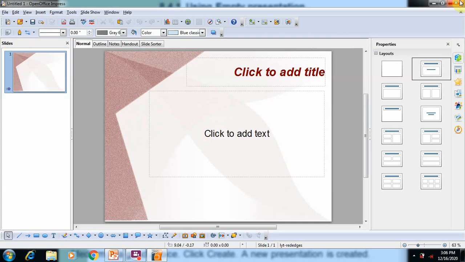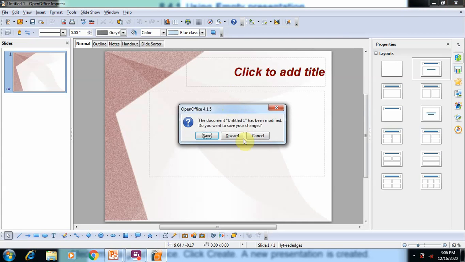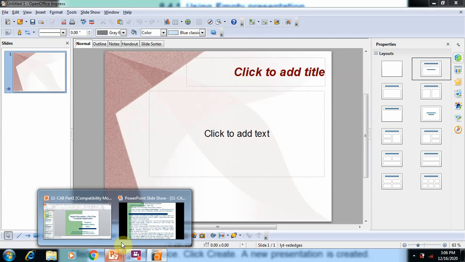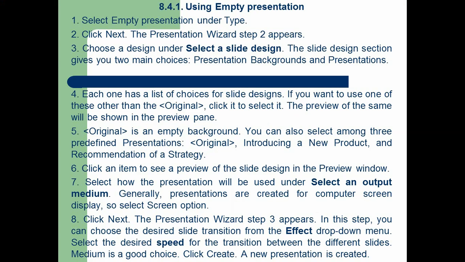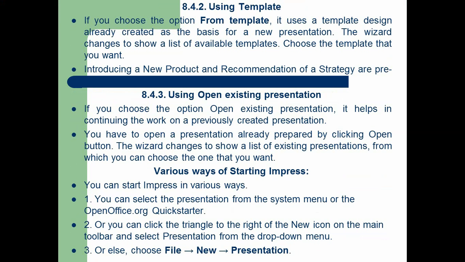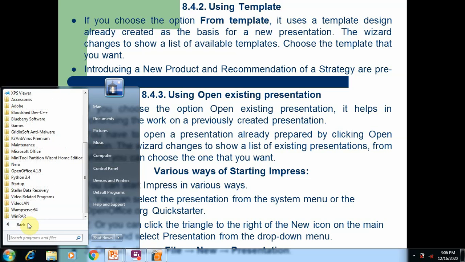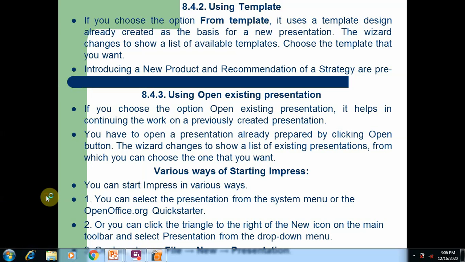So next we are trying to see what will happen when you select the next option called from template. So when you open a presentation software and you select the template option, then what will happen? See, I'm going to open OpenOffice Impress again: select all programs, go to OpenOffice, go to OpenOffice Impress.